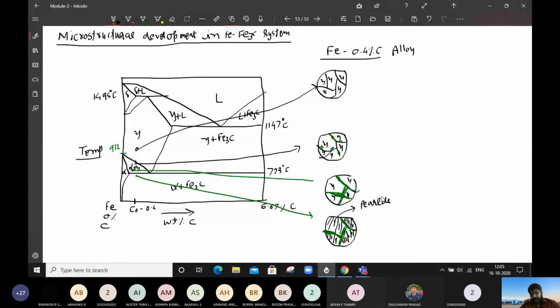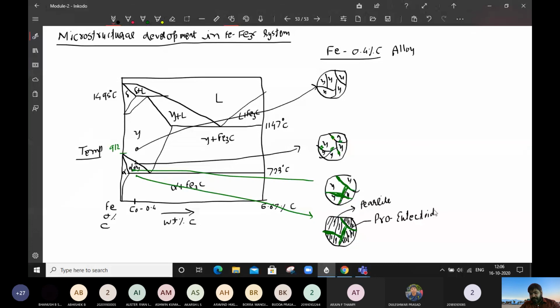And this is pro-eutectoid alpha. Pro-eutectoid alpha, because this alpha is formed above this eutectoid temperature.